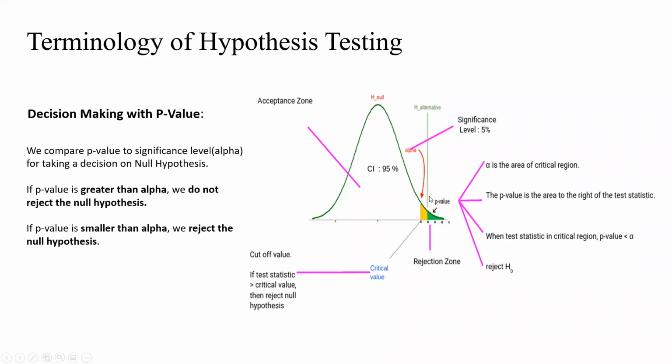Here we just showed it for the right-tailed example, but you can construct a similar example for the left-tailed or the two-tailed example. Now, let me make one other point.